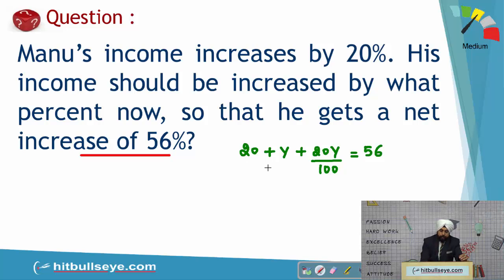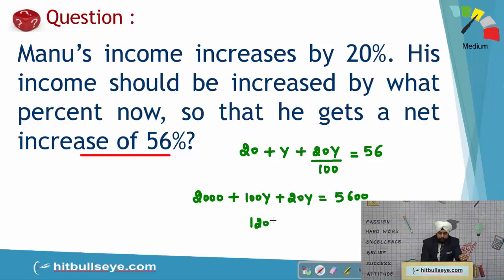Now taking 100 here, taking the LCM, it is 2000 plus 100y plus 20y is equal to 5600.